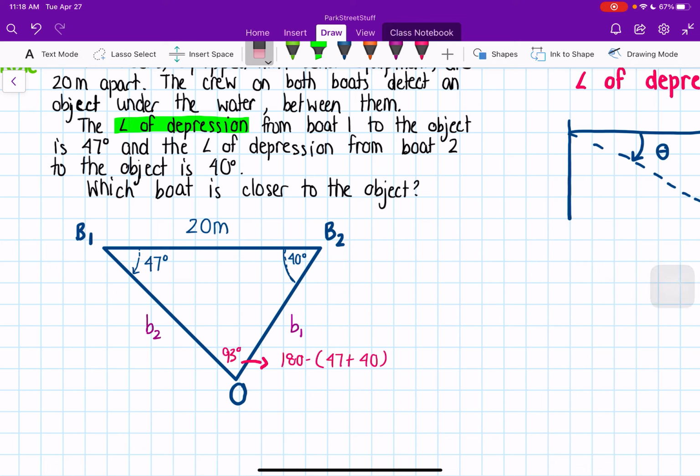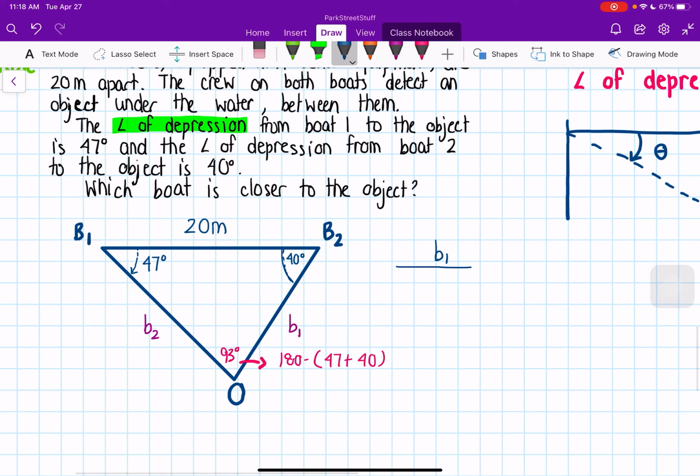So we're going to go b1 over sine of 47 is going to equal, now I'm not going to say b2 because I don't know what b2 is, 20 over sine of 93.